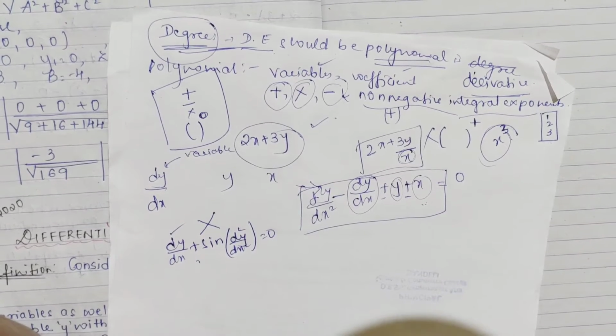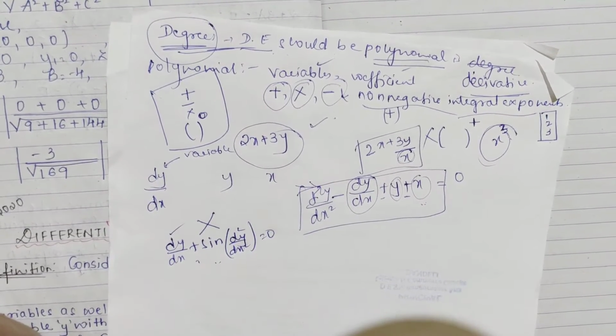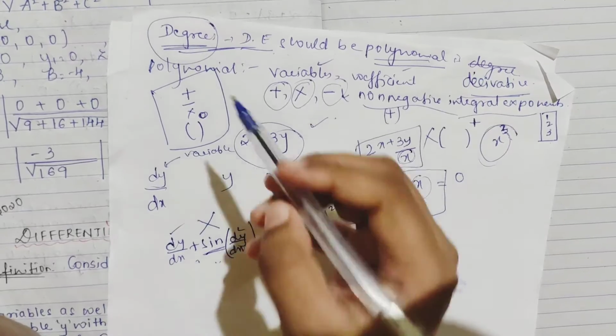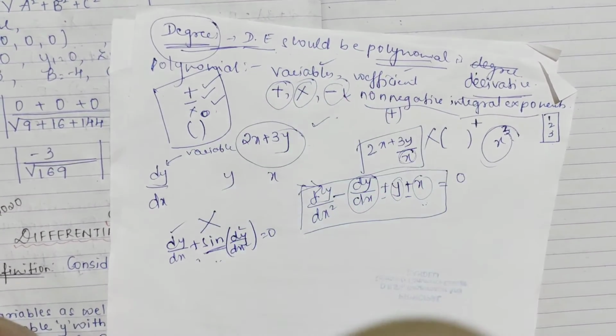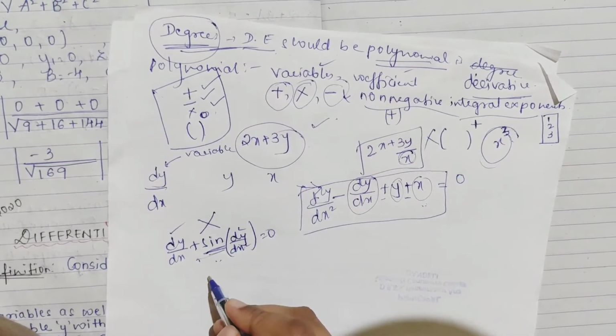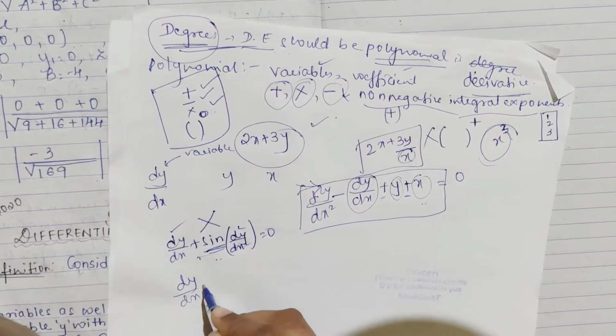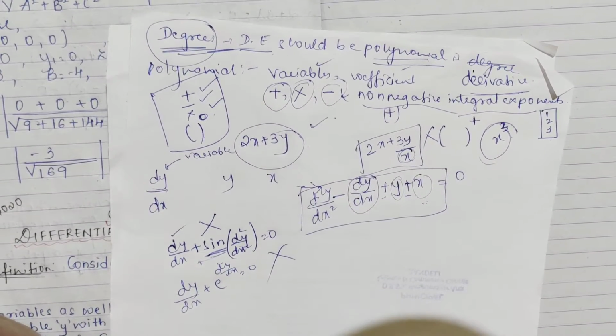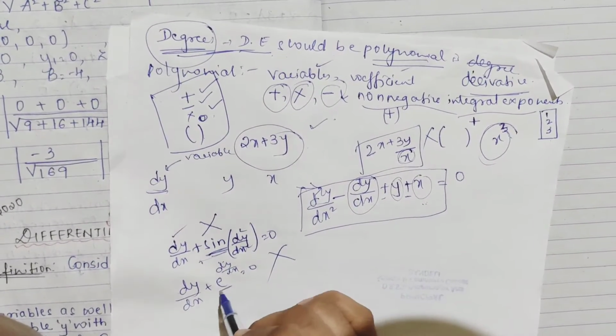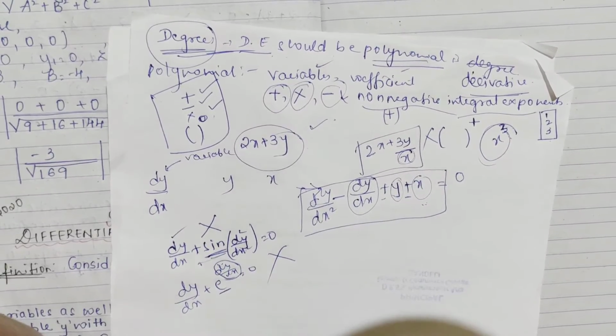Derivative is there, that is true, but it is not a polynomial, because it involves sine, and we have said we want addition, subtraction, multiplication and raising to a power. Here you are getting sine. If you have an exponential, even here you can't find the degree because this is also not a polynomial, since it involves the exponential of the derivative.